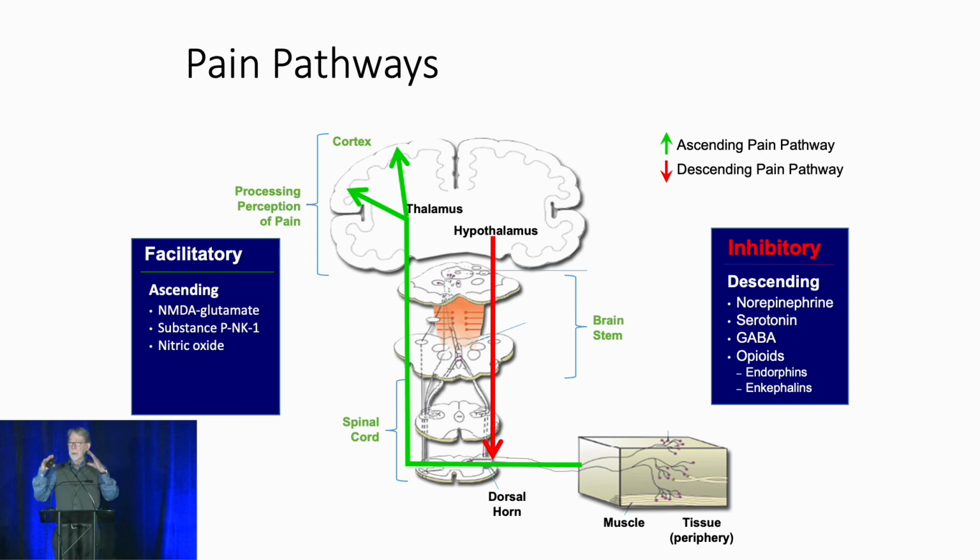And there's a complex interplay between the processing of pain between various emotional centers in the brain as well. There are neurotransmitters that facilitate this transmission that are noted on the left.